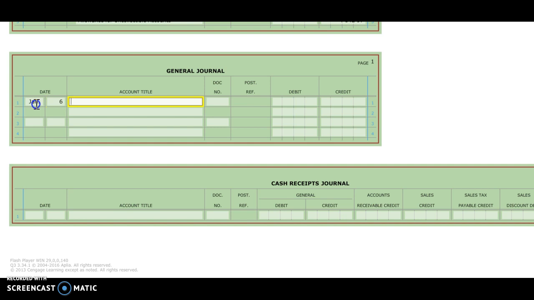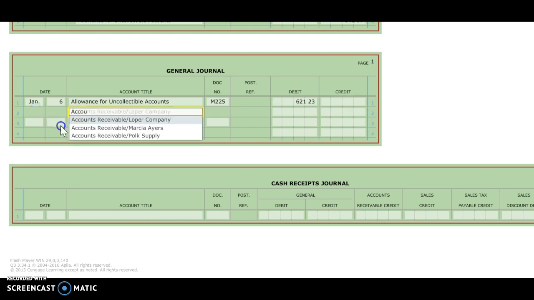I'm writing off Marcia Ayers' account, so I'm going to debit my allowance for uncollectibles. That is memorandum 225. And I'm going to debit for the amount that they give us of 621.23. And then I'm going to credit accounts receivable, specifically her account, for that same amount, 621.23.